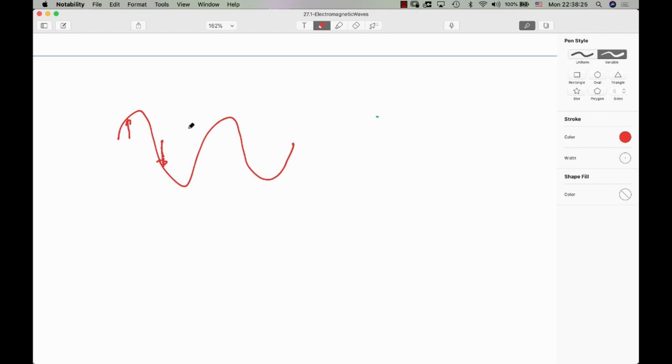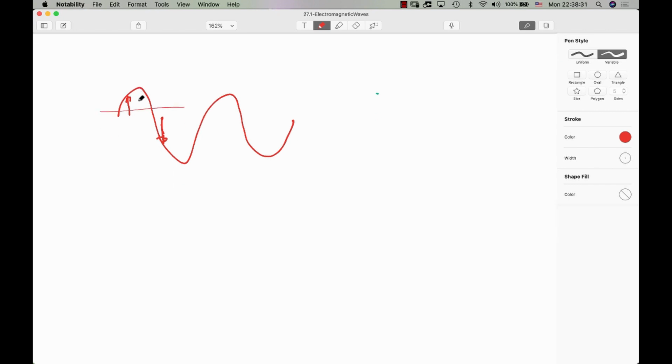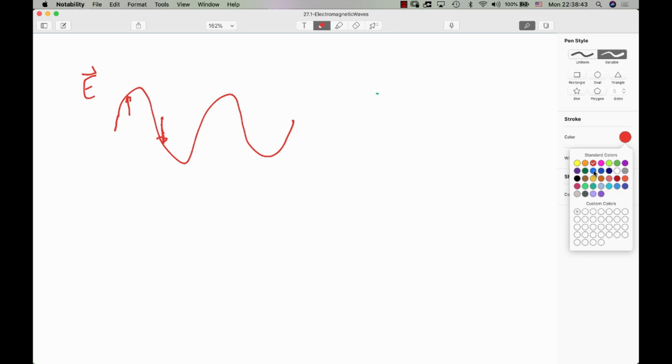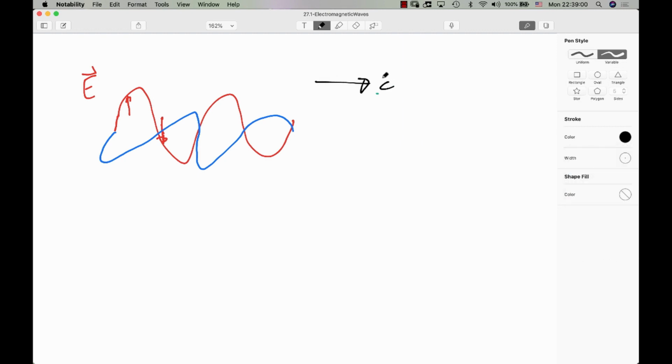But the strengths and directions of these electric field vectors are oscillating, are propagating in a very wave-like way. It's the exact same math for a wave we've seen before. And then at right angles, going along for the ride, will be our magnetic field. So here we are propagating our wave to the right. Okay, I warned you it wasn't going to look pretty.